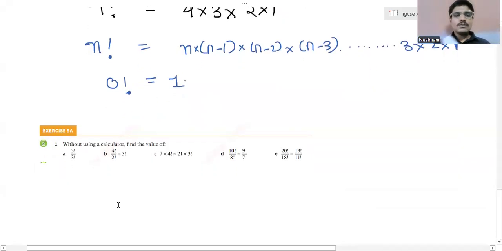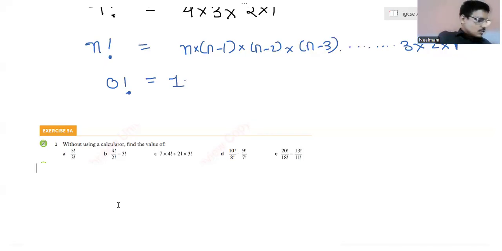Now, without using a calculator, find the value of 5 factorial upon 3 factorial. So just take normally what is 5 factorial, what is 3 factorial, and we will divide and get the common things.